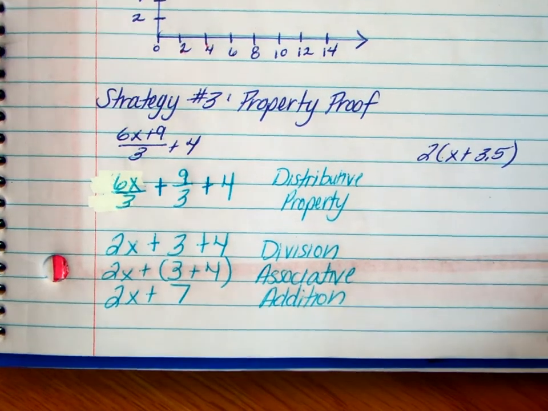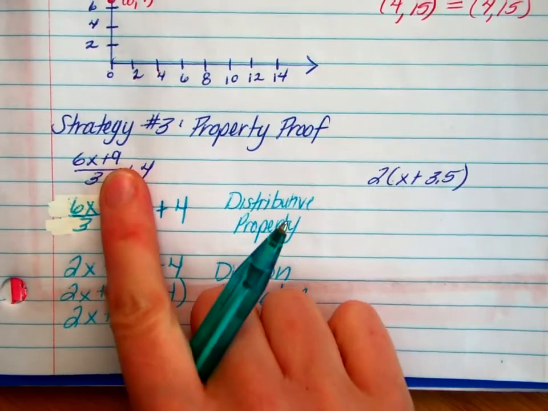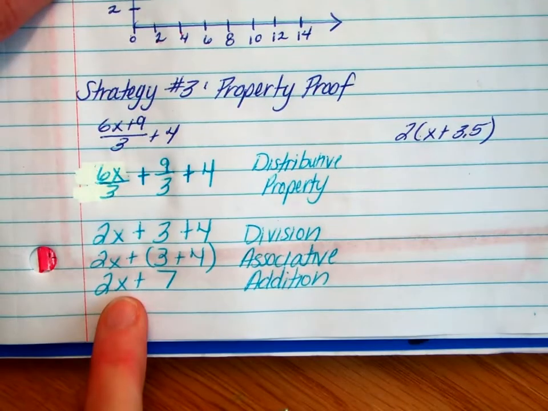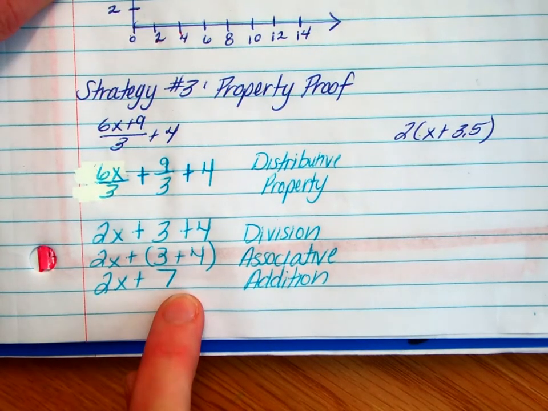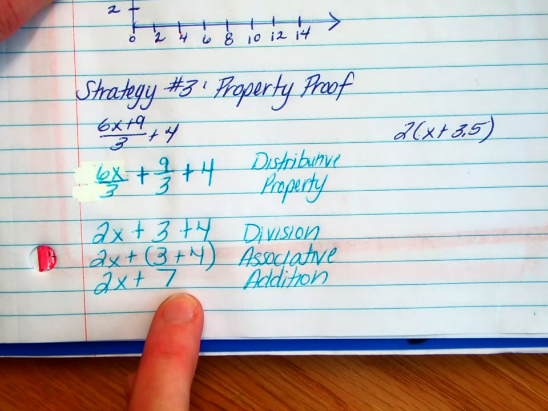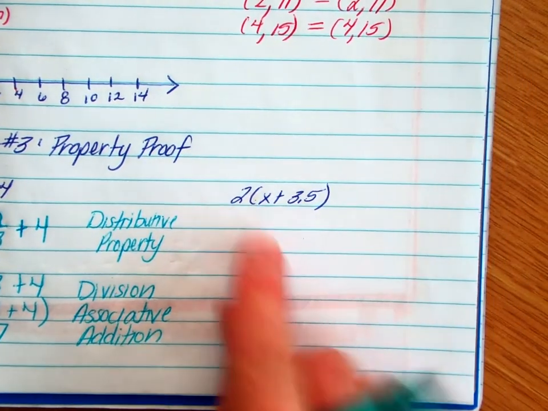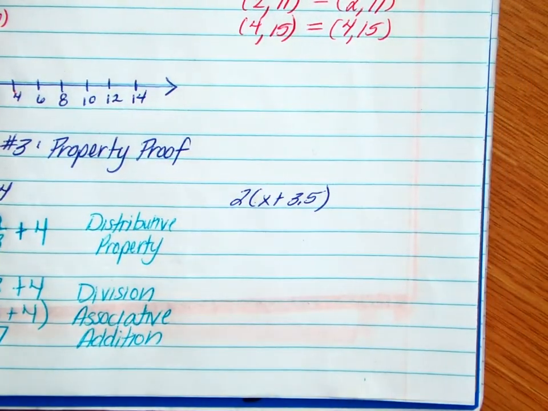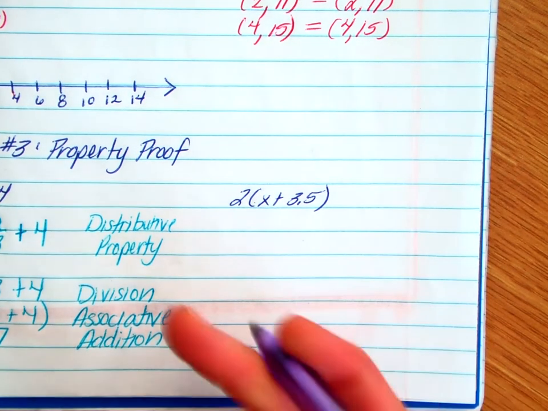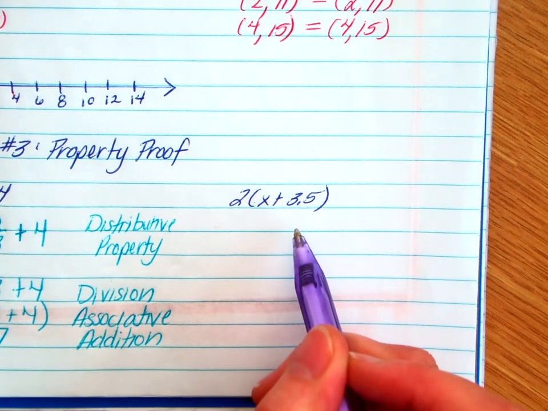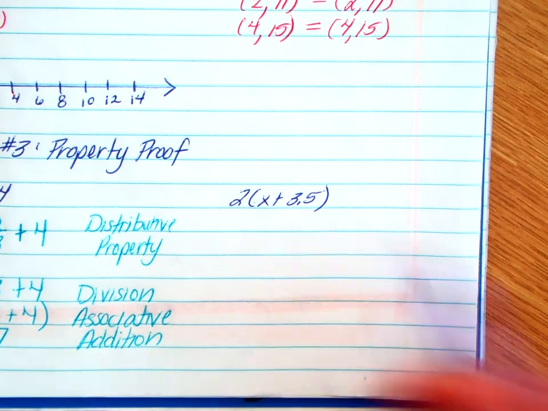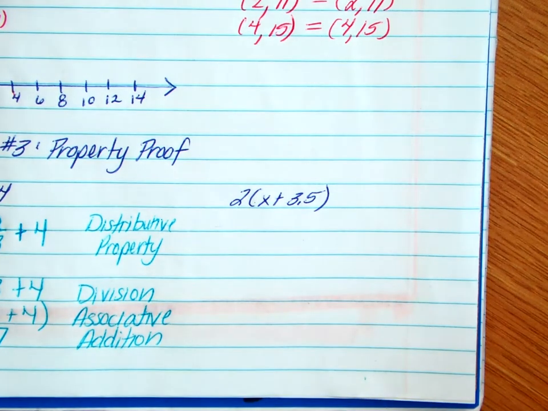Now we're going to try the other side. This was expression number 1, here's expression number 2. We're thinking if they're equivalent, like we proved with the table and graph, that the expression should come out to this. So let's see what happens. Now I'm looking at this, and I hope you're noticing that a certain something is happening here with these parentheses. Something you can use the area model with?